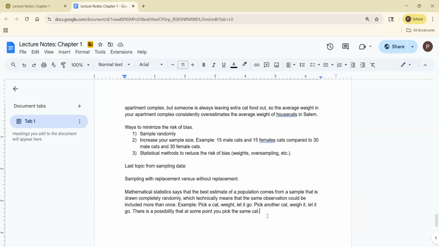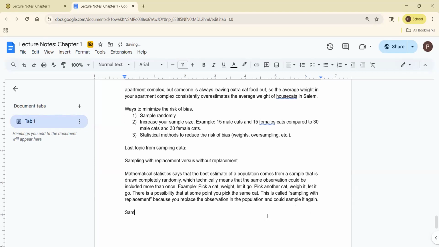But in the real world, it's pretty unreasonable. This is called sampling with replacement, because you replace the observation in the population and could sample it again. The way we actually do most of our statistics is called sampling without replacement.